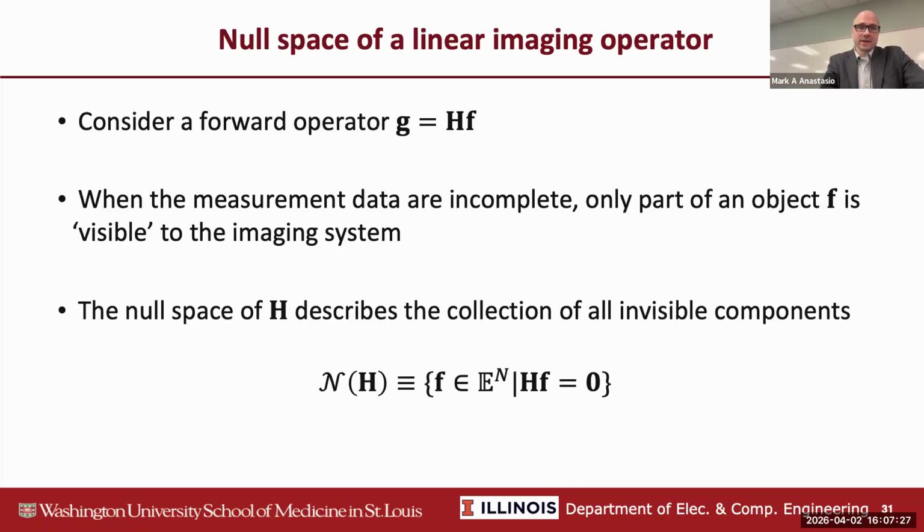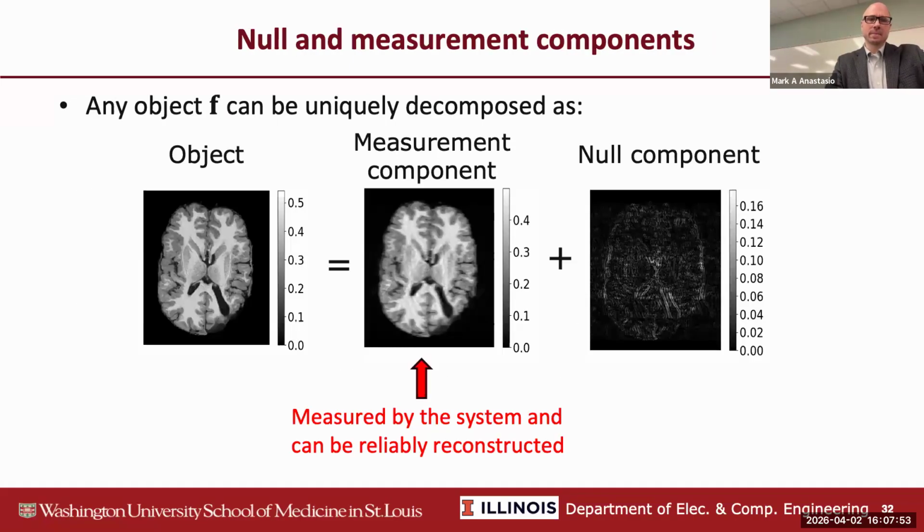And so the null space of H is a subset of the domain of H that corresponds to all of the objects f that map to the zero measurement vector under action of the forward operator, right? So the null space characterizes all of the stuff that the imaging system can't see. That's concerning to us, at least in medical imaging, because it means somehow we need a way to estimate that.